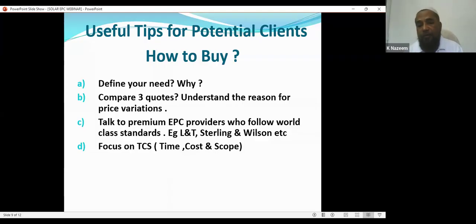The second reason might be to reduce the electricity bills. In Karnataka, it's fortunate and it's still attractive that unit to unit deduction of electricity bill is possible. Suppose say you are using 1,000 units of electricity in a month.